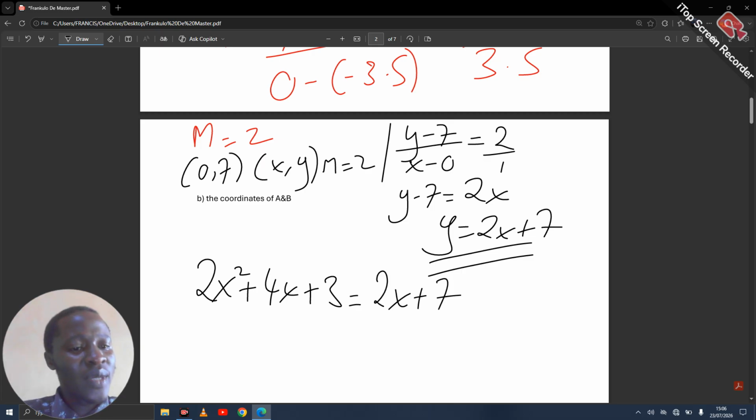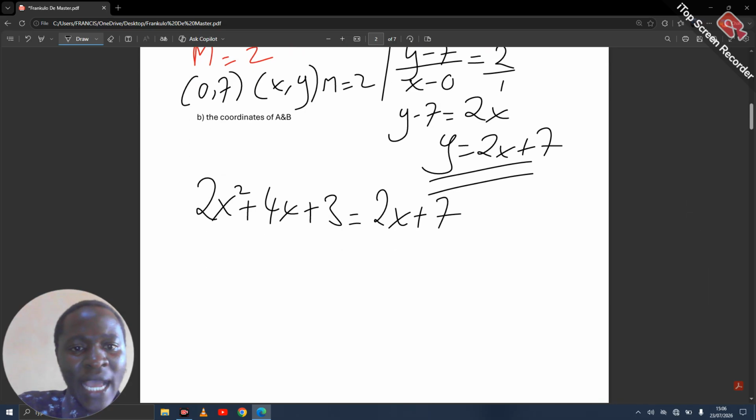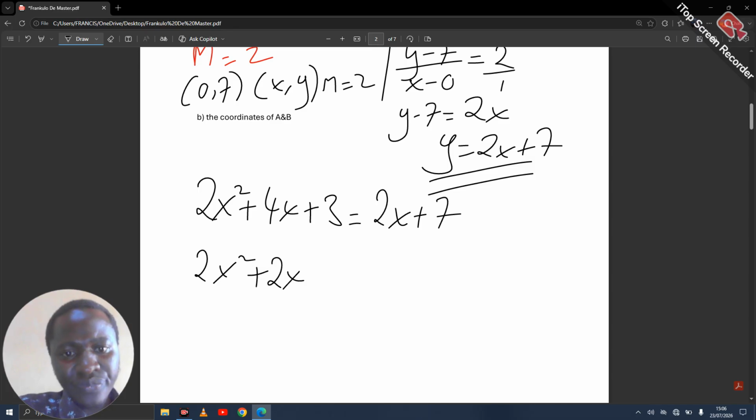The main reason I'm doing this is to get the coordinates of A and B. So I'm now collecting like terms, just simple algebra.